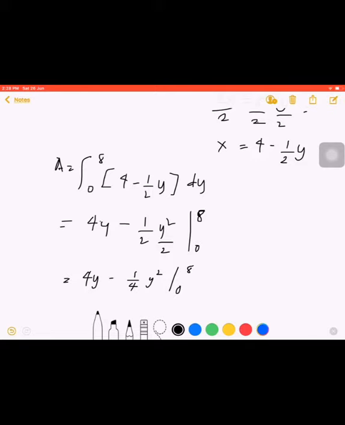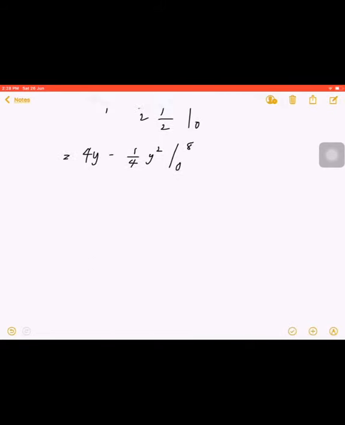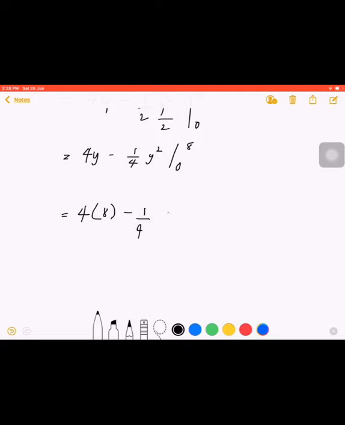Now let's plug in the values into the expression. So 4 times 8 minus 1/4 times 8 squared, minus, let's plug in 0, 4 times 0 minus 1/4 times 0 squared.